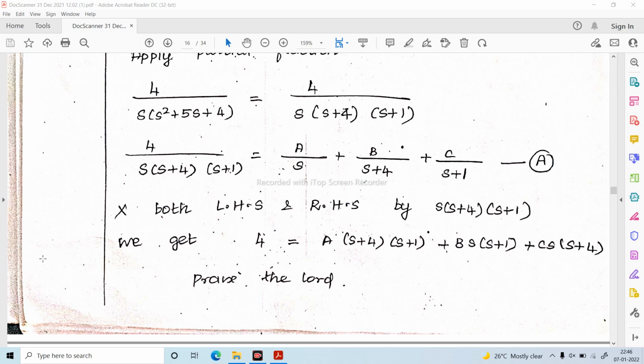Both LHS and RHS are multiplied with s into (s plus 4) into (s plus 1). So here the full denominator gets cancelled; here only s cancels, remaining 2 terms are available; and s plus 4 cancels, s into (s plus 1) is there; and s plus 1 cancels, we are having s into (s plus 4).